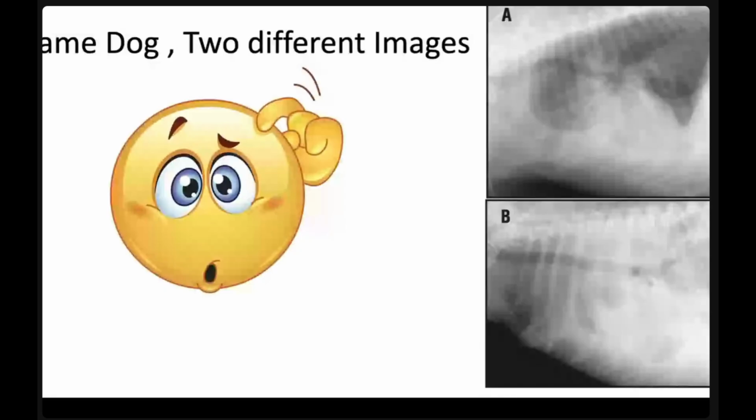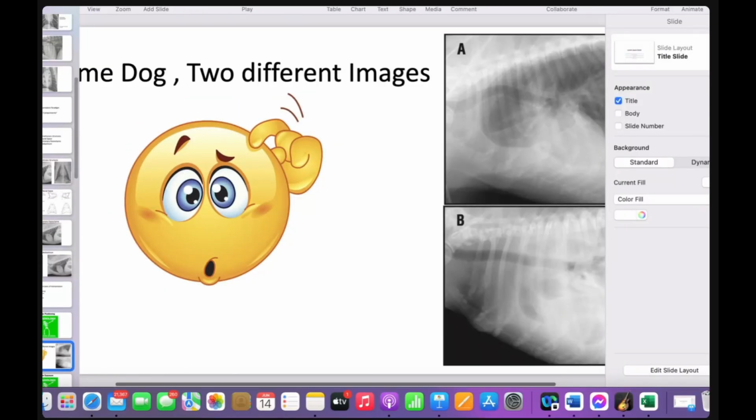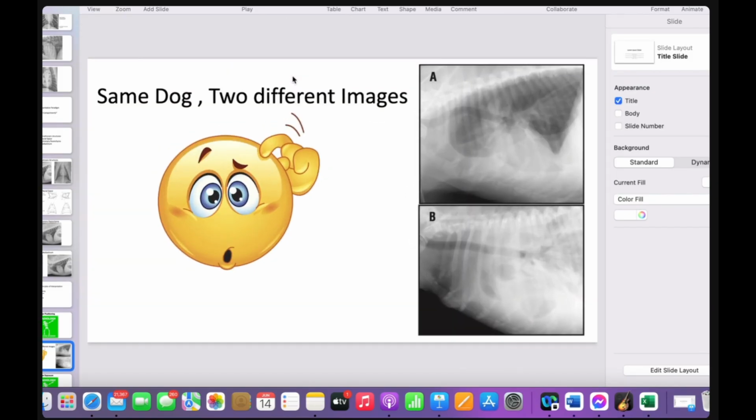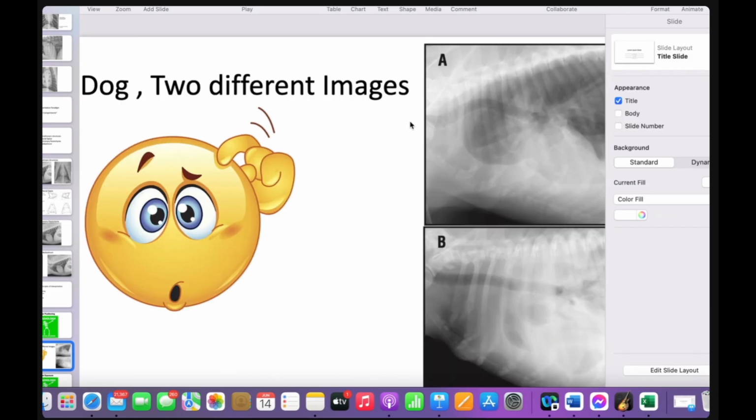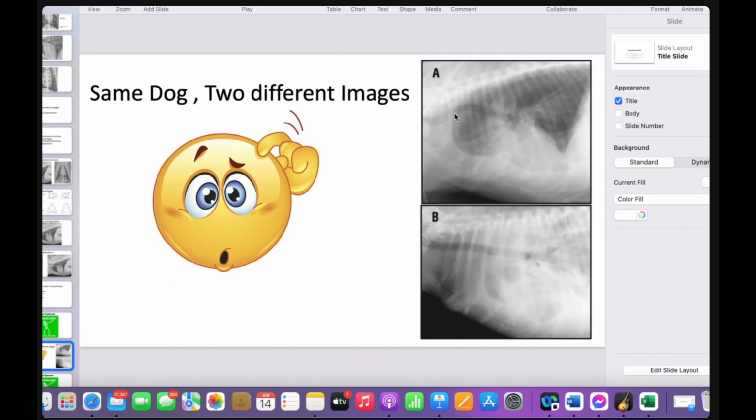Here we can easily see the trachea has bent right here, and the position is like this.